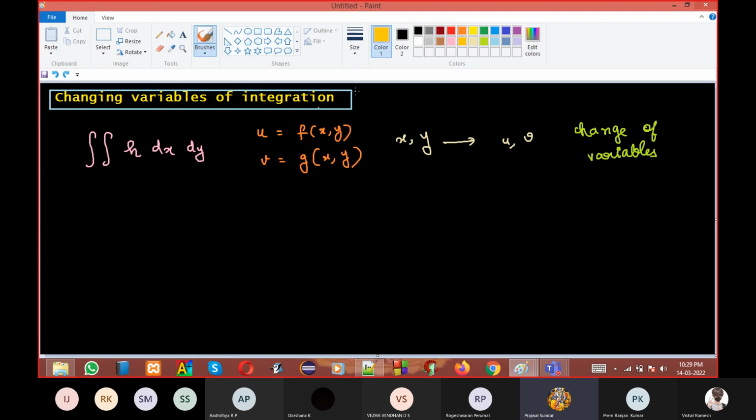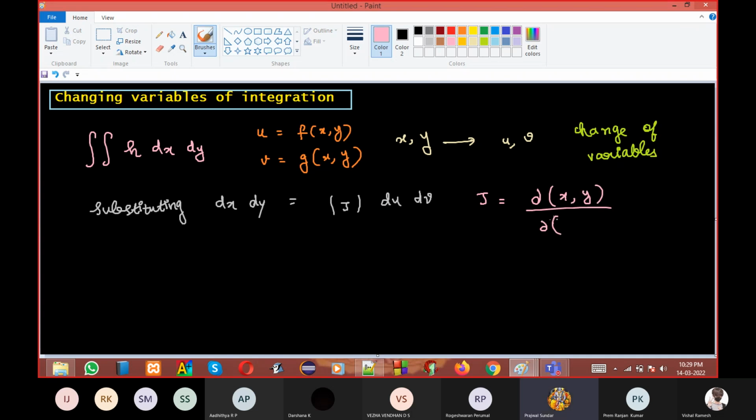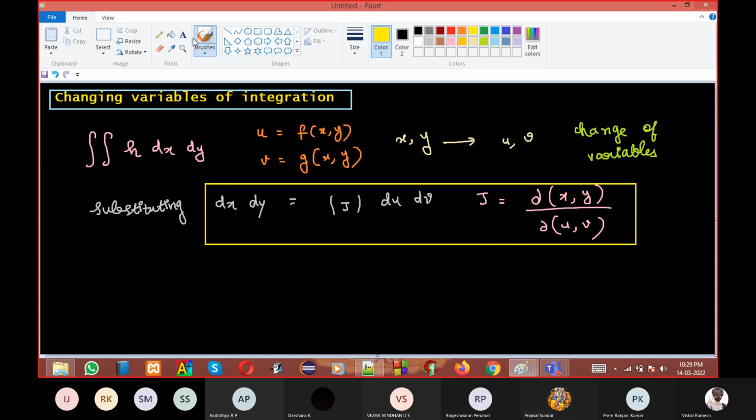How to substitute dx dy, that I'll tell you. dx dy is equal to the mod of Jacobian into du dv, where Jacobian is given as dou of x comma y by dou of u comma v. This is how you will transform. This is the appropriate substitution of dx dy.